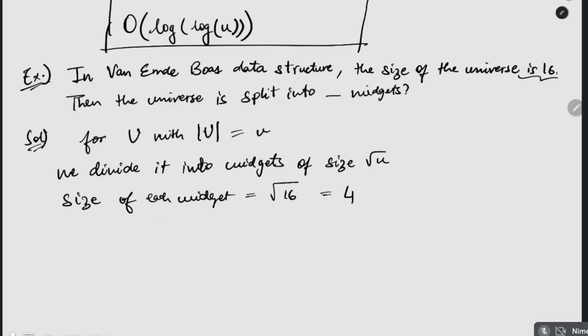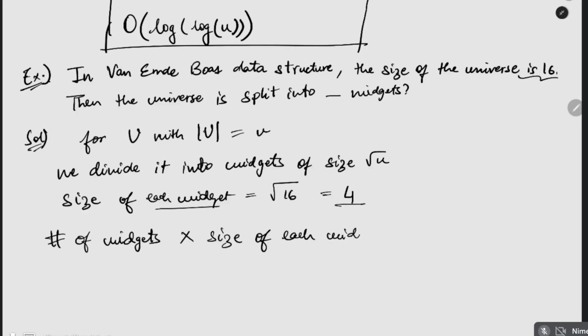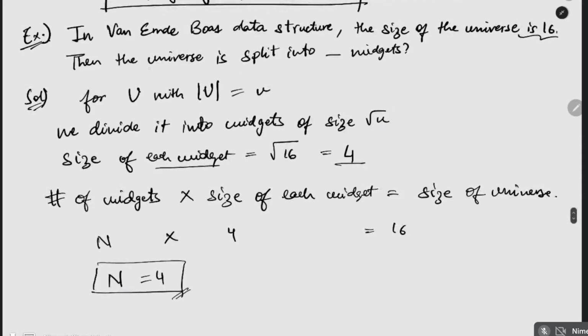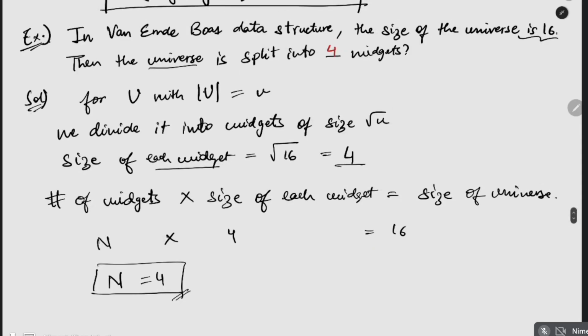Since each widget is of size 4, the number of widgets times the size of each widget is basically the size of universe. So n times 4 is 16, so we have 4 widgets or 4 blocks. We have split the universe into 4 widgets.